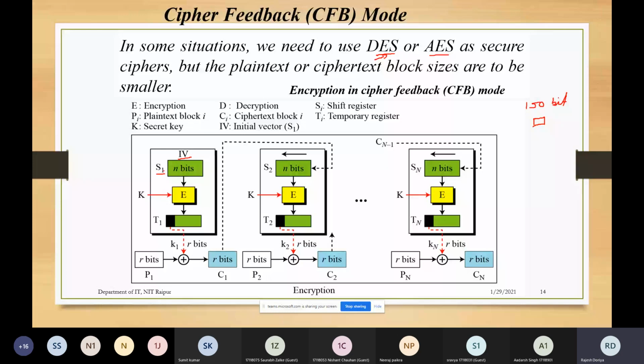Now the value of this shift register is encrypted with the help of a key k, and then this encrypted value is stored in another register called a temporary register. From this temporary register, the initial R bits are picked, and these R bits are then XORed with the R bits of plaintext P.